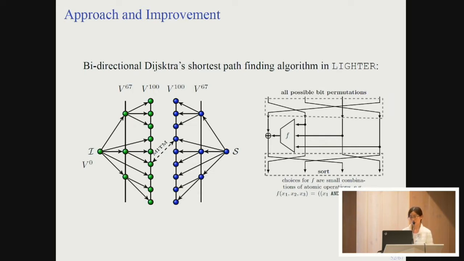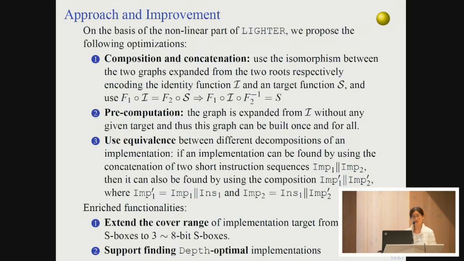By using the composition and concatenation method, we can find the implementation of the target. And because this graph can be precomputed and stored, it can be used once for all.